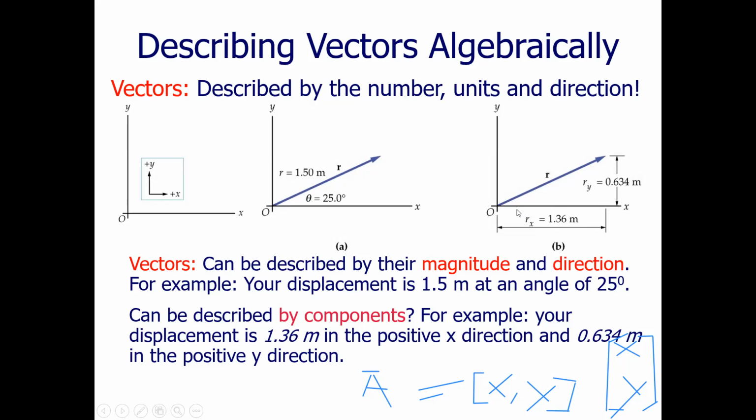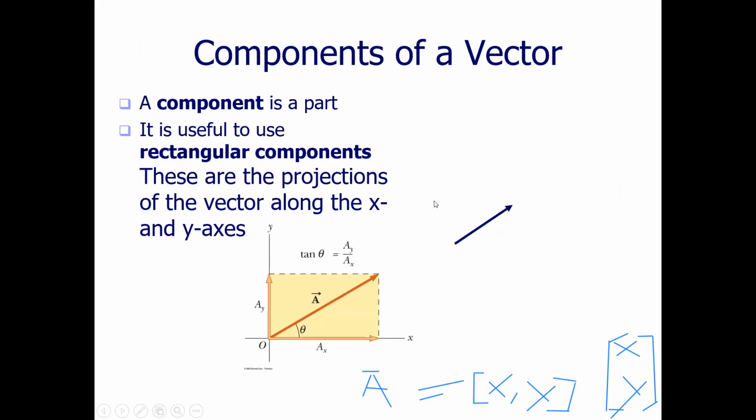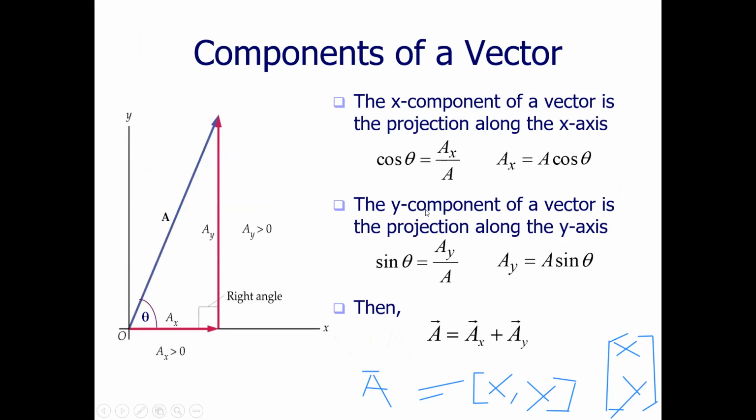So we can represent this particular vector in this notation. We can write here 1.36 and 0.634. So that row or column represents this vector R. The components of a vector are something we know, so we do not need much time on them.